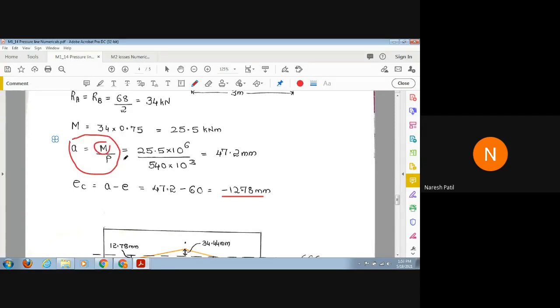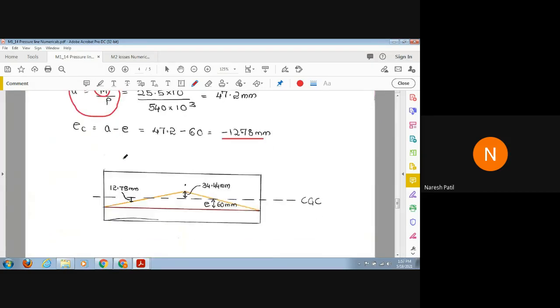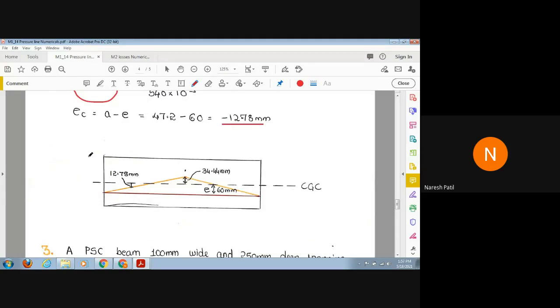M is a moment, and moment is with respect to load. See, everything is correlated here. How do you calculate A? A is nothing but M by P. How do you calculate M? With respect to load, whether it is UDL, single concentrated or double concentrated load. In short, it is correlated. Ultimately, the pressure line reflects the bending moment diagram.